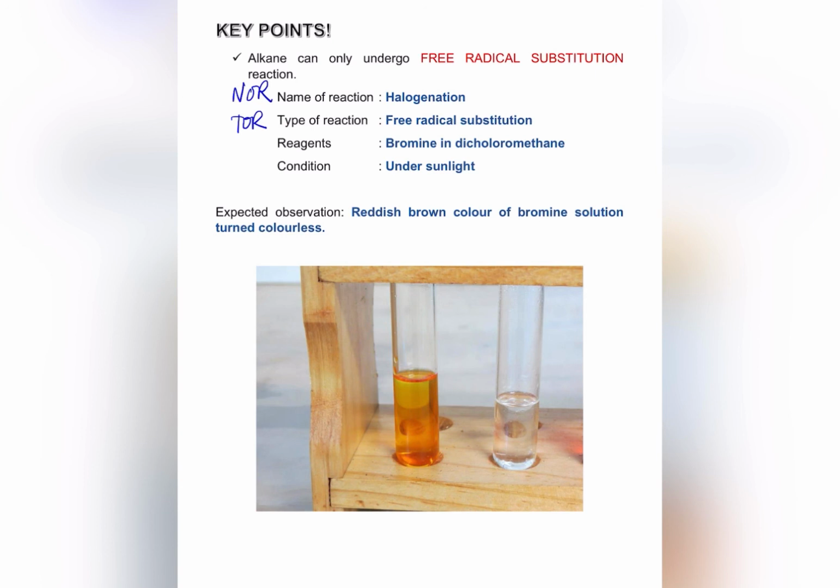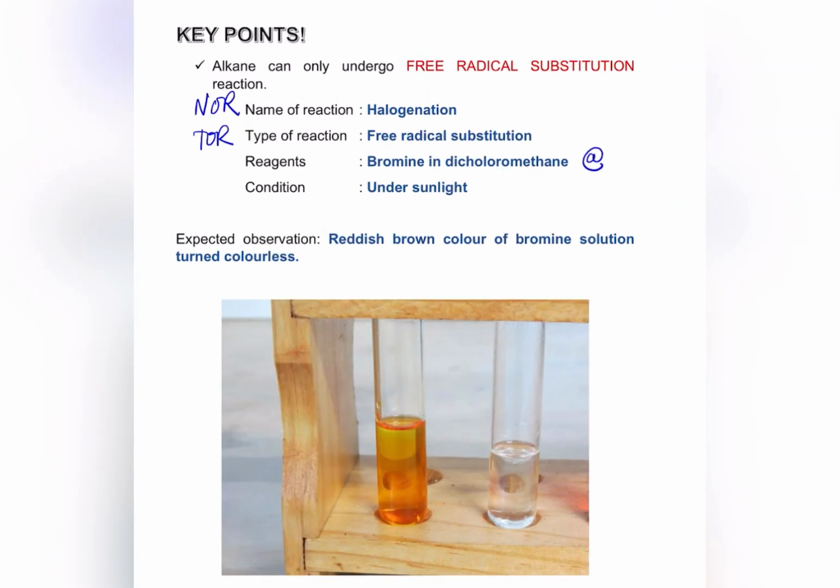If the question asks you about the reagents used in this reaction, you can write bromine in dichloromethane, or you can also write it in chemical formula form, Br2 in CH2Cl2. This is also acceptable.